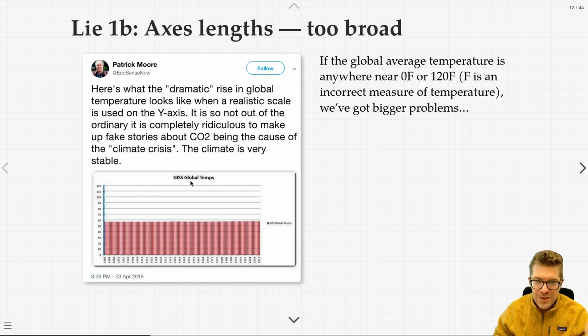If the global average were 120 degrees Fahrenheit, that would be a much bigger problem than anything we're currently facing. This is an unrealistic view of what constitutes regular climate on our planet. So this person wanted to hide differences. They zoomed out so differences were more or less invisible, and technically might not have faked any data, but it is still deceptive.